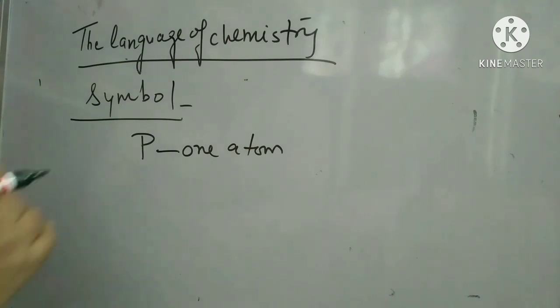Now, the term symbol was introduced by a scientist in 1807 named John Dalton. Berzelius in 1814 suggested a simple system of representing elements with symbols.